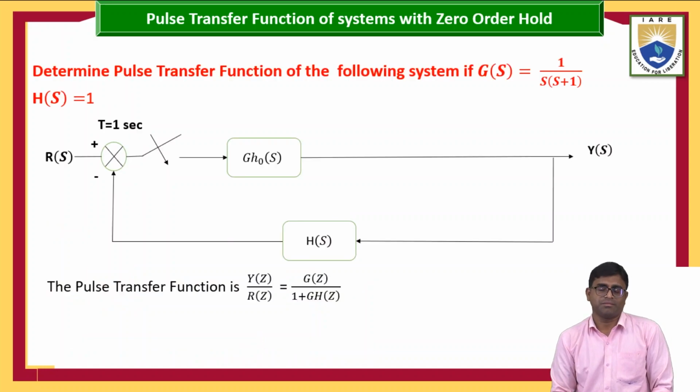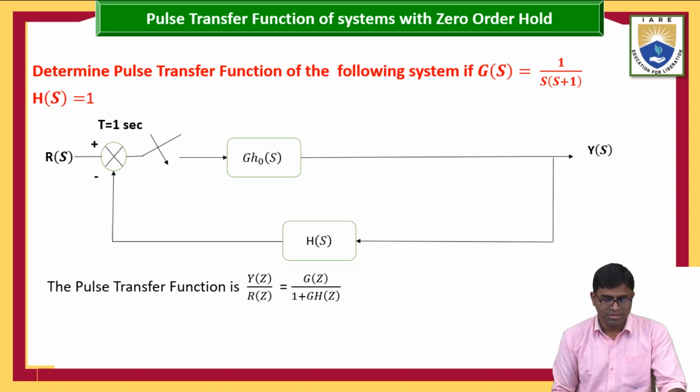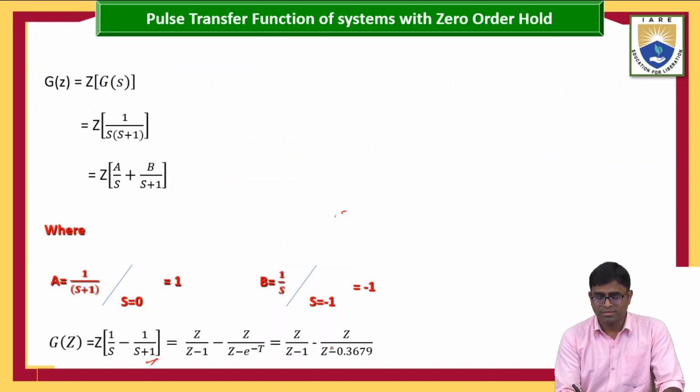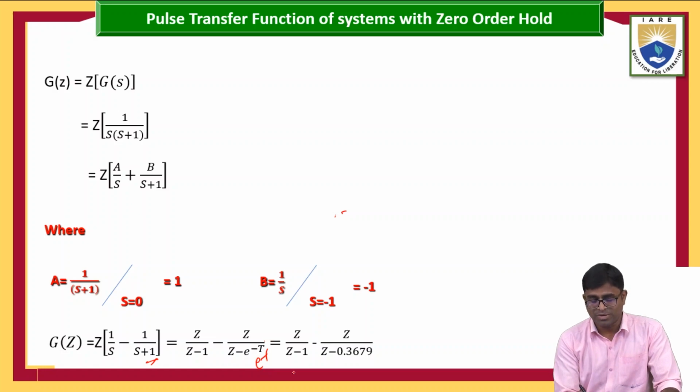That is 1 second. So it is coming as z minus 0.3676, that is e power of minus 1 value. We got the value of this.